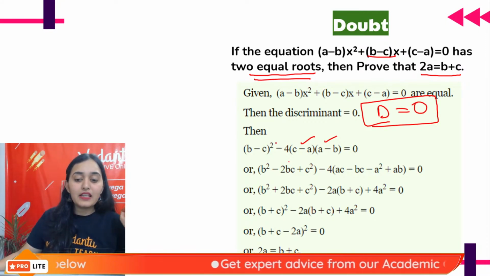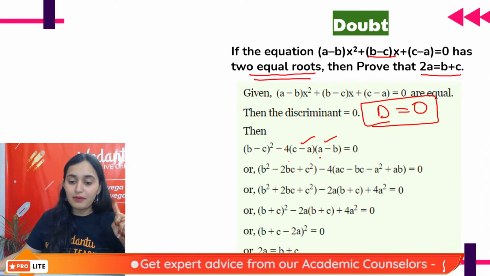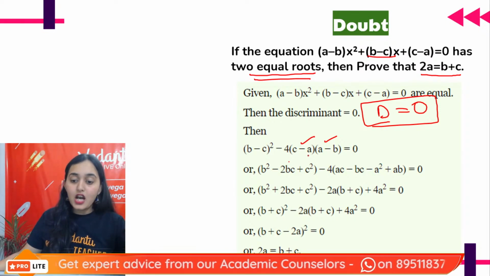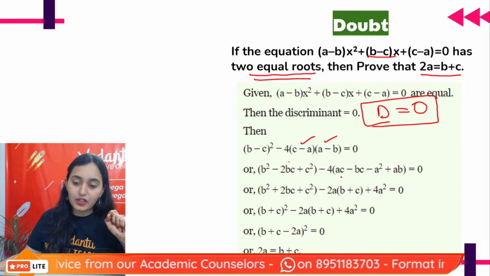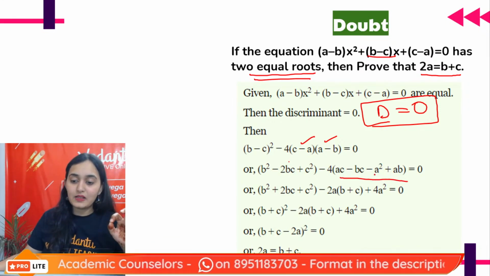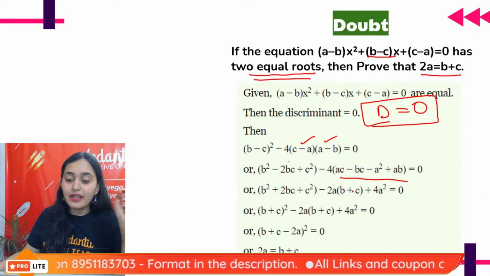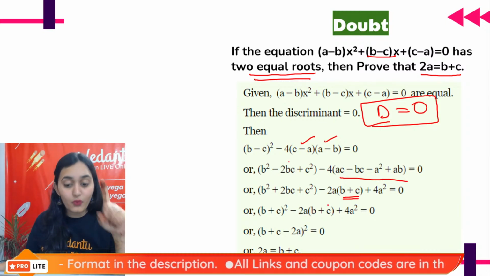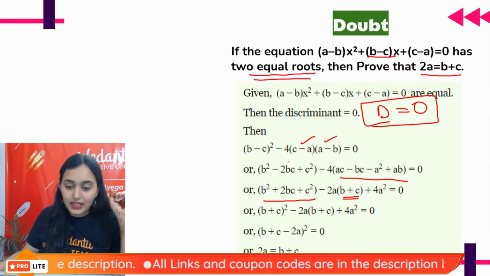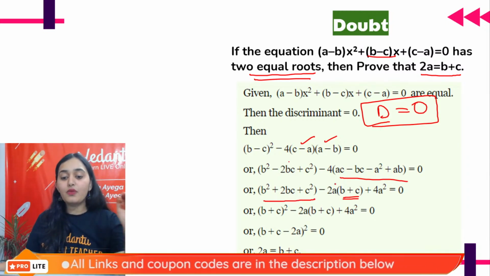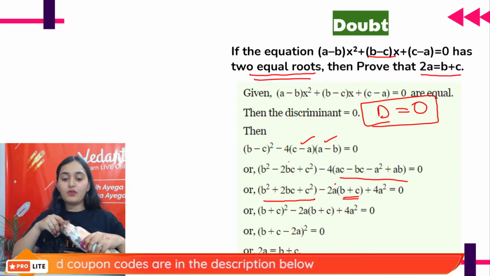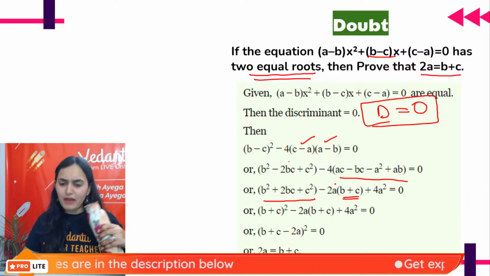So, b minus c whole square minus 4 into c minus a into a minus b. So c minus a into a minus b, when you multiply, you will get ac minus bc minus a square plus ab. Now we will try to get b plus c as common. Why? Because here we can clearly observe that b square minus 2bc plus c square can be written as b minus c whole square.